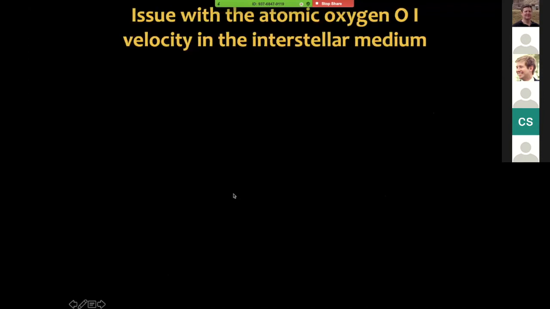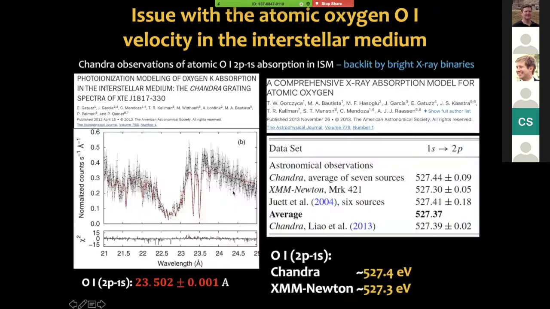The second problem I want to talk about is the atomic oxygen velocity in the interstellar medium. I think many of you have worked on and are aware that there are plenty of Chandra and XMM-Newton observations of atomic oxygen 1s-2p absorption in the interstellar medium, which are backlit by bright X-ray binaries.